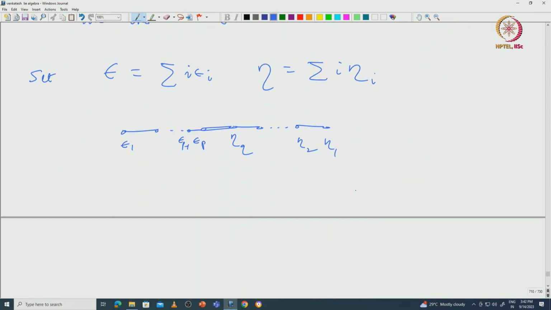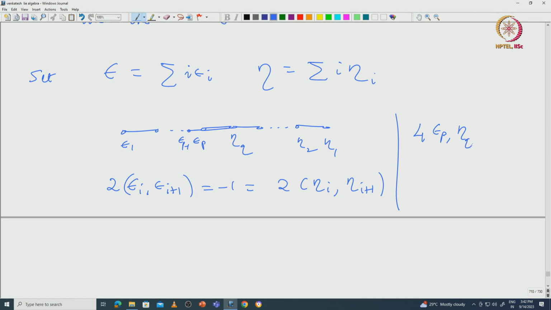Now you can see that, as before, twice the inner product of epsilon i with epsilon i plus 1 will be minus 1. Similarly, twice the inner product of eta i with eta i plus 1 will be minus 1. Not only that, 4 times the inner product of epsilon p and eta q squared must be 2. This is what you read from the graph. All other inner products will be 0.